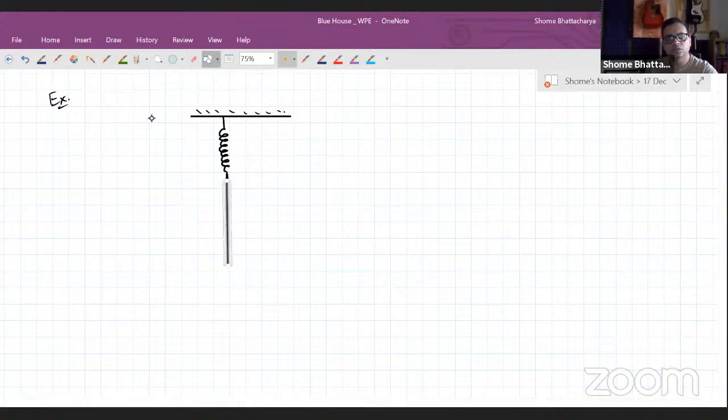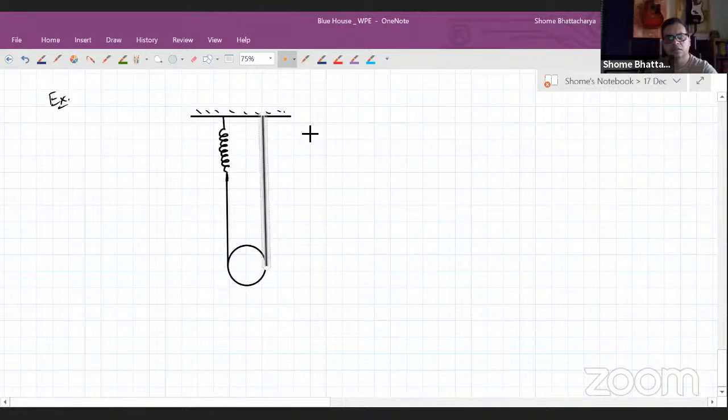And this thread now goes around a pulley. And the other end of the thread is again tied here. The spring is attached like this. Okay.